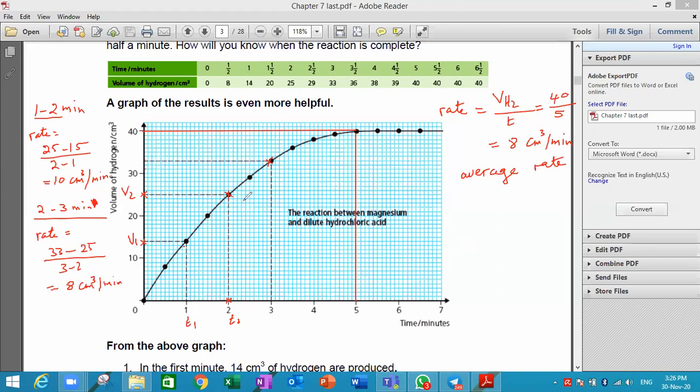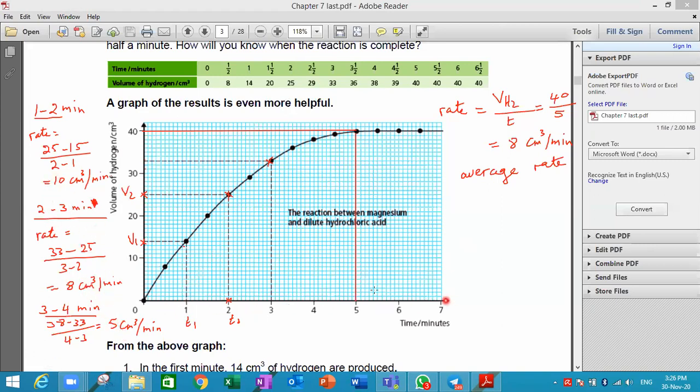Okay. What about between minutes 3 and 4? It will be 38 minus 33 divided by 4 minus 3. This makes 5 centimeter cube per minute, isn't it? So you will see here that the rate decreases with time.